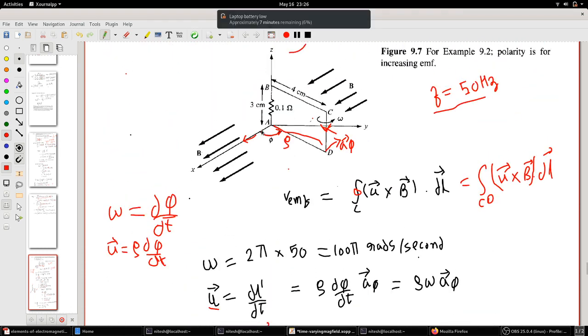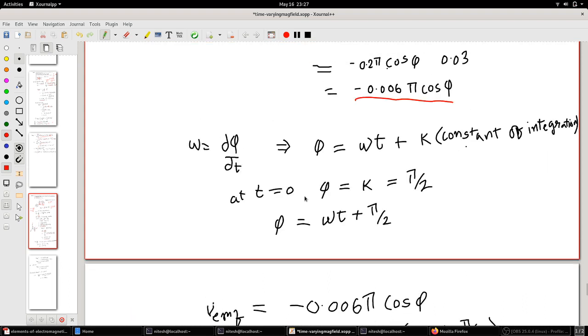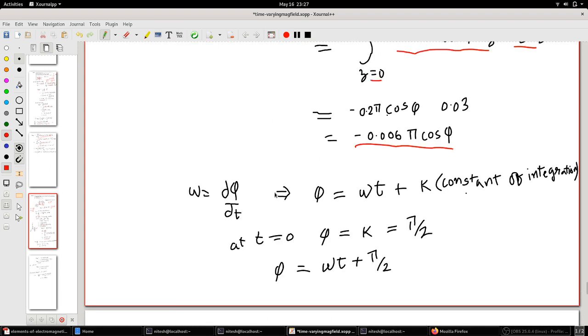Now the next thing is I have to convert this phi. What is given is that the loop lies in the YZ plane at time t equal to 0. The YZ plane is this plane. The loop is here, something like this, in the YZ plane at t equal to 0. I know that omega equals d phi by dt, right?